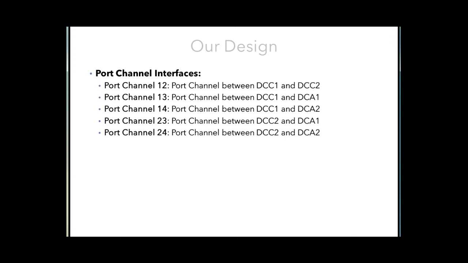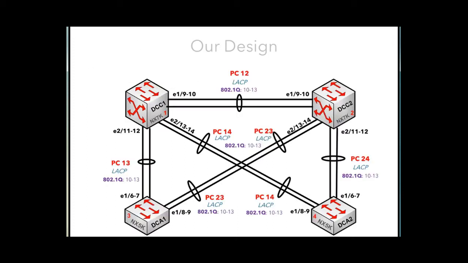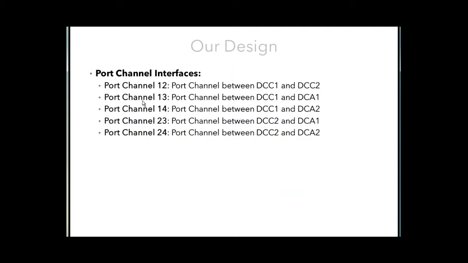So as you will see, each port channel interface ID, these right here, will be based on the device ID for easy identification. So for example, let's go back for a quick second. We have two 10 gigabit interfaces connected between DC1 and DCA1. So this will be configured as a port channel using port channel ID 13, which is reflected here. And this is listed right here.